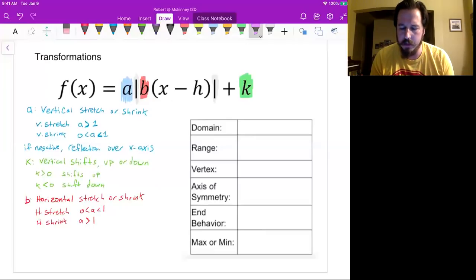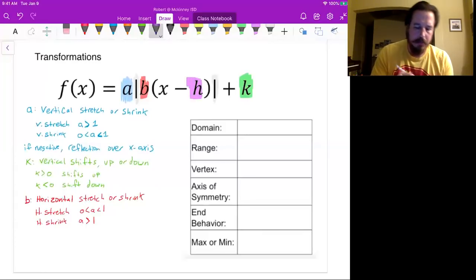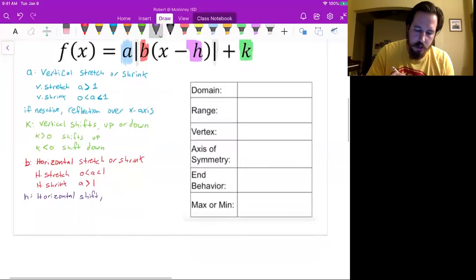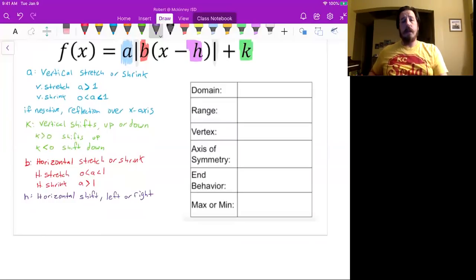One that we will be dealing with much is H. Okay, H is similar to how K works, but there's now a horizontal shift, meaning it's going to move it either left or right. Okay.